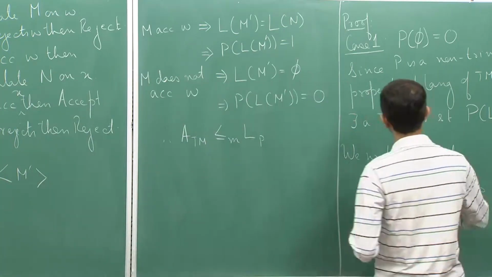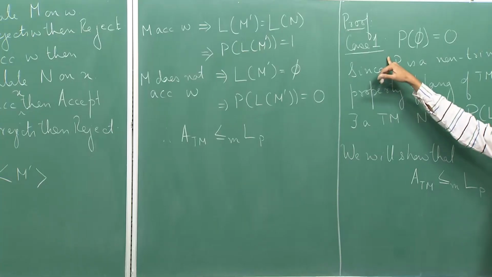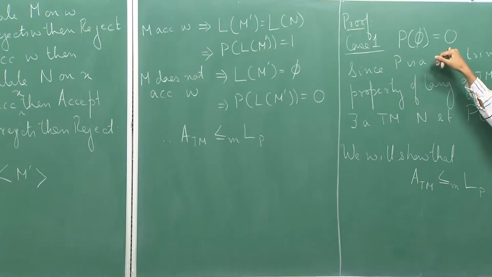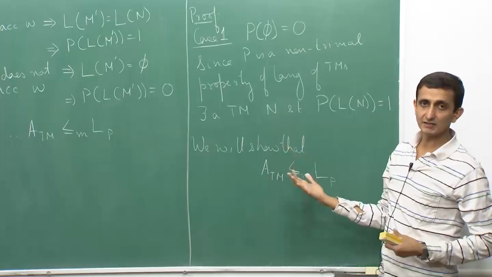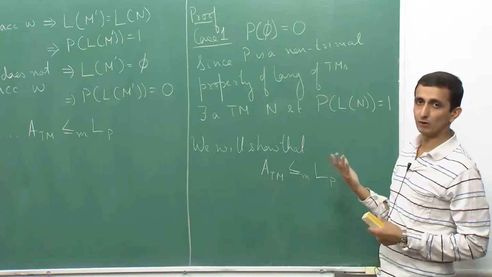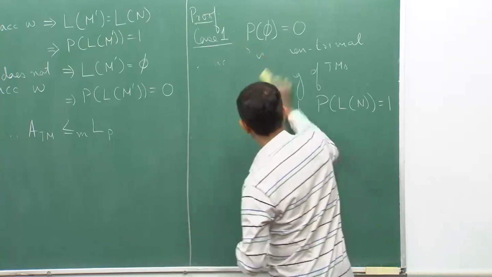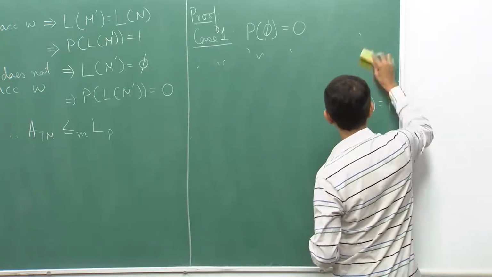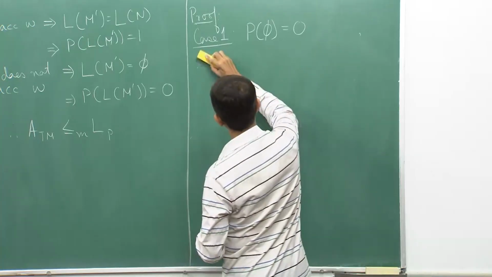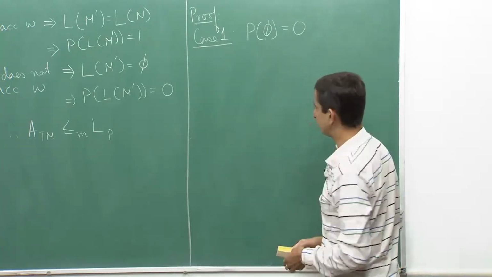Remember that we had only considered the case when P of phi was equal to 0. So, now we need to consider the case when P of phi is equal to 1. But actually this case is not very different. In fact, what we will do is we will reduce this case to the case that we just saw.